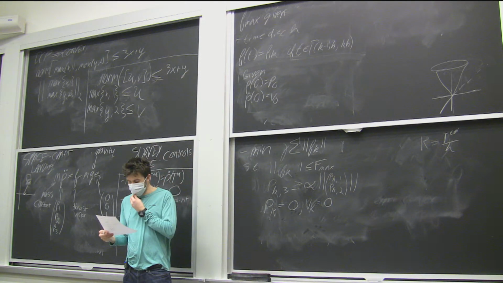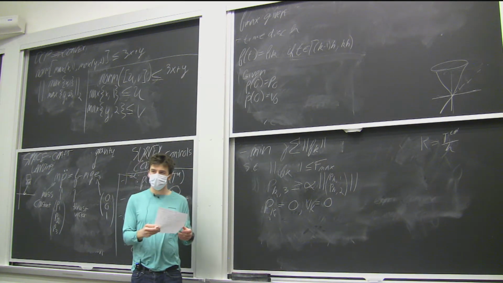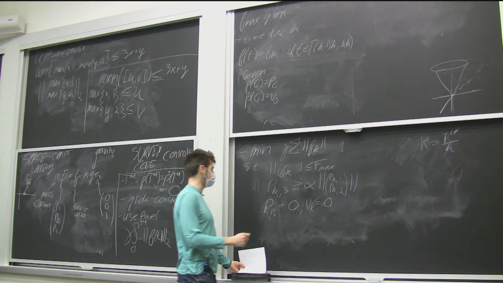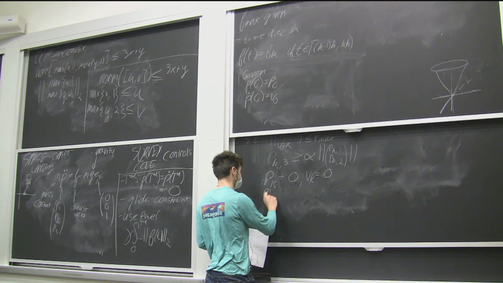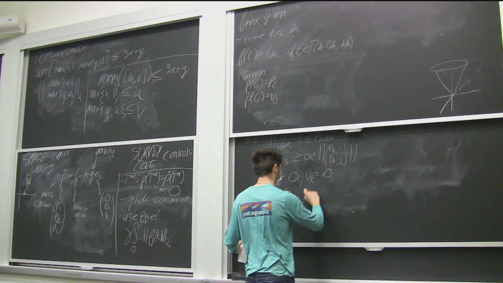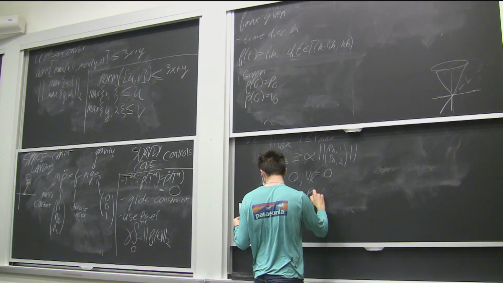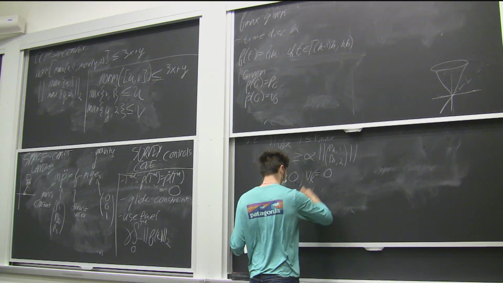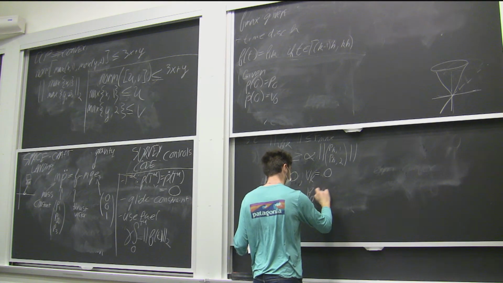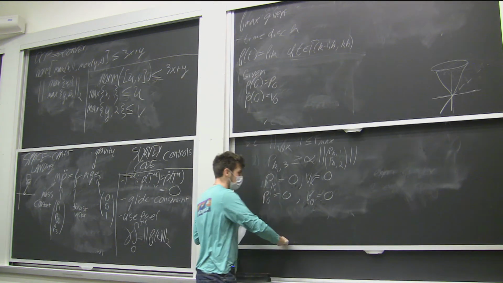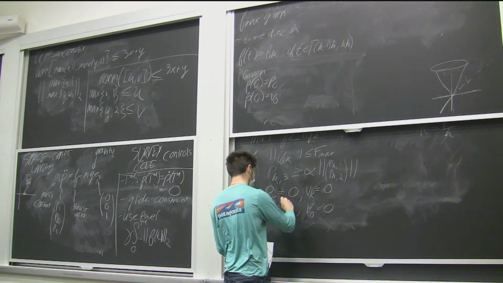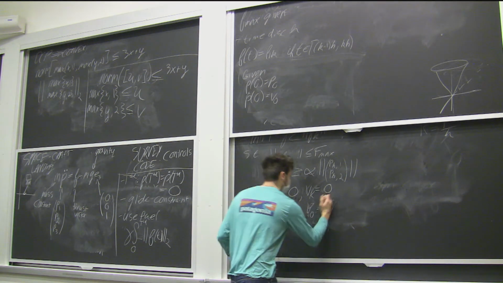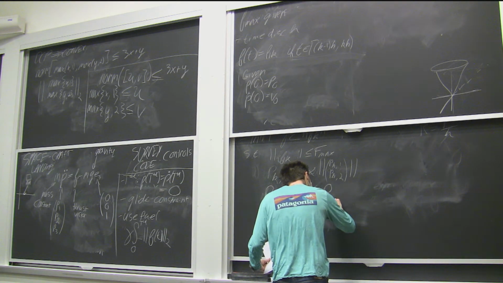So that's the final condition. The initial condition is that P0 is equal to 0. V0 is equal to 0. Nope. Sorry. P dot 0. There we go.